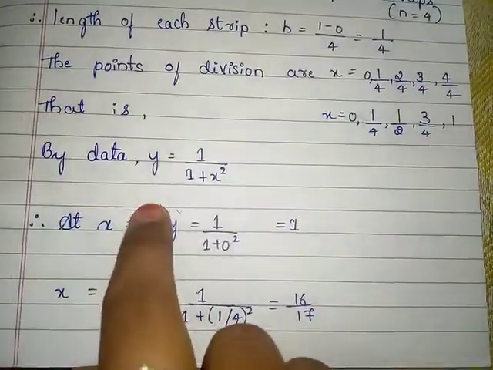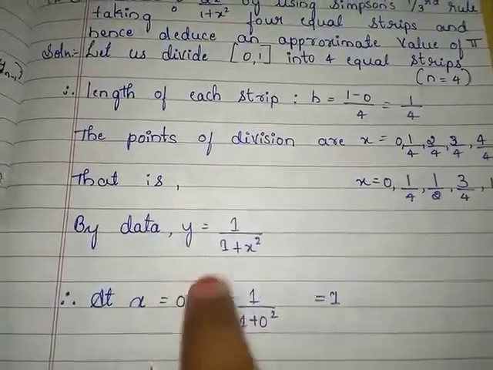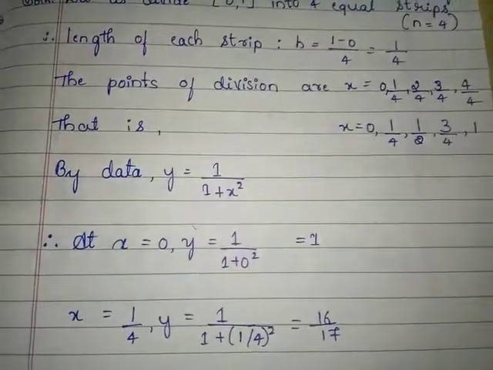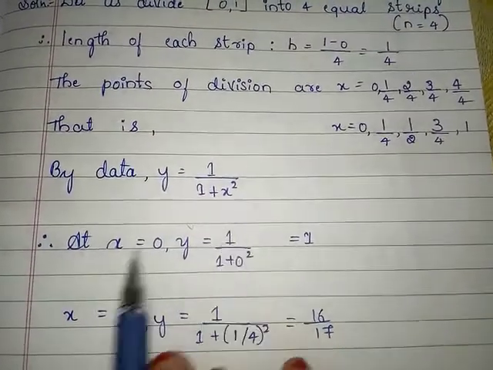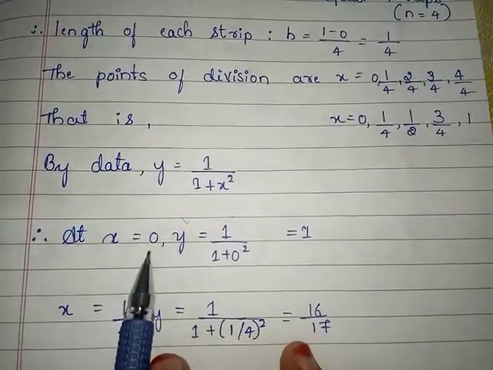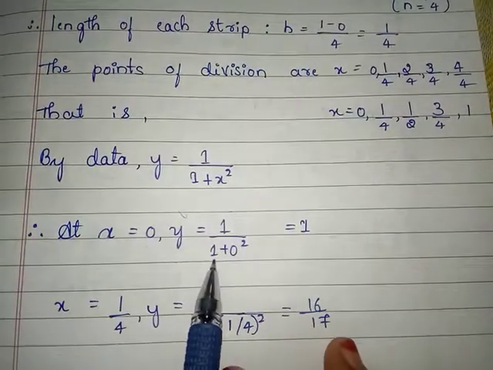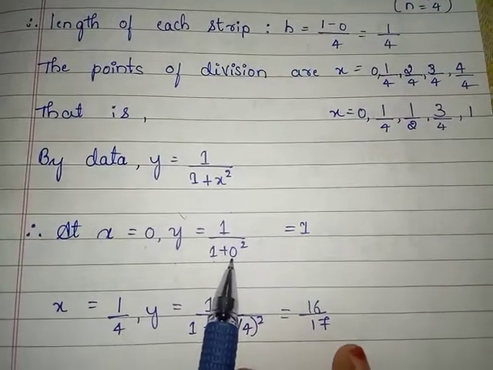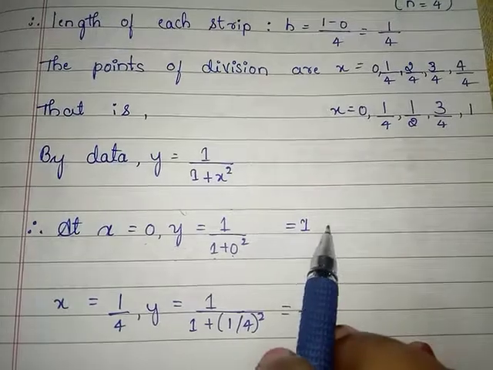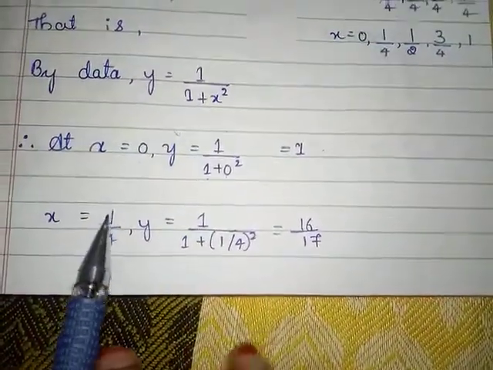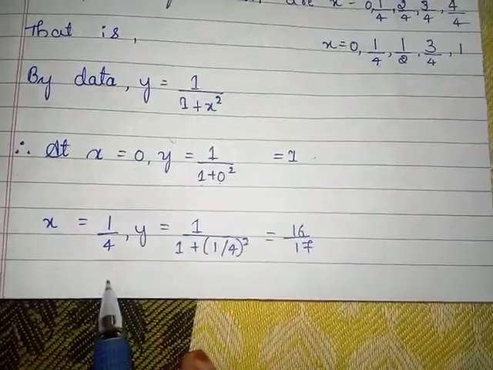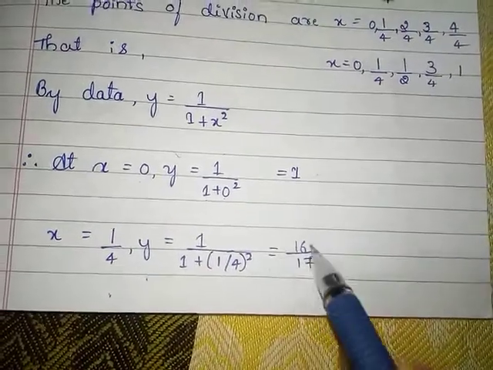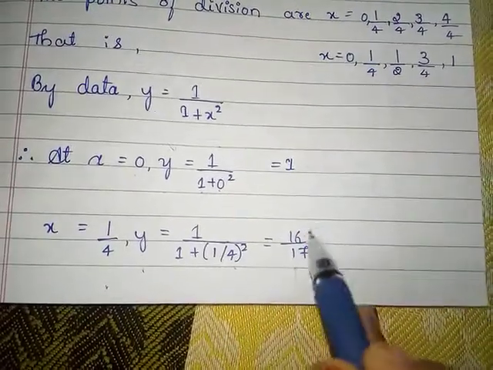Then by data, y is equal to 1 divided by 1 plus x square. Therefore at x is equal to 0, y is equal to 1 divided by 1 plus 0 square, which is equal to 1. When x is equal to 1 by 4, y value is 16 by 17. Just substitute the values and calculate.